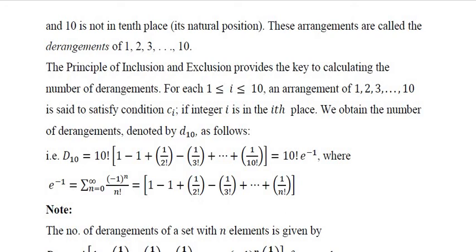That is, if integer I is in the ith place, we obtain the number of D arrangements denoted by D10 as follows. D10 is denoted by capital D suffix 10, which is equal to 10 factorial into 1 minus 1 by 1 factorial plus 1 by 2 factorial minus 1 by 3 factorial plus etc. 1 by 10 factorial, which is equal to 10 factorial into e inverse.